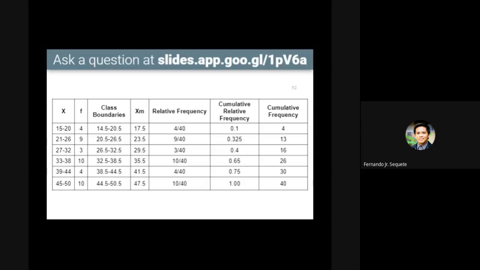All you have to do is add 0.1 and then the value of 9 divided by 40. That's why we get 0.325. 0.325, ina-add natin yung value ng 3 over 40. That is why we get 0.4. Nakuha? Yes, sir.